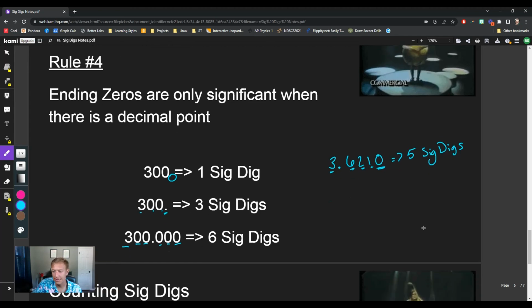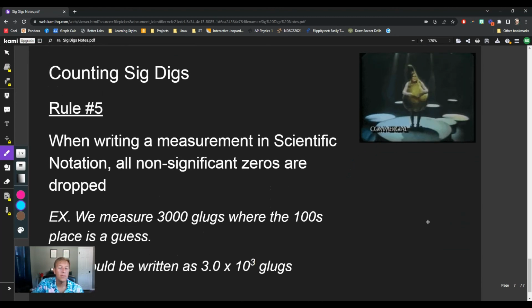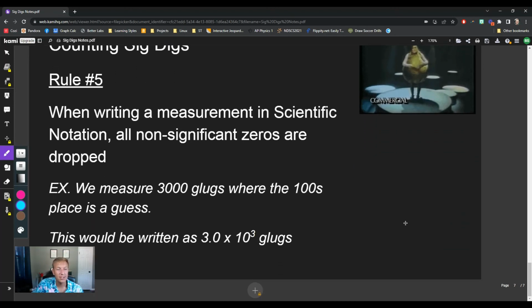Let's take a look at the very, very last one here. Rule 5. When writing a measurement in scientific notation, all non-significant zeros are dropped. This one is a little tricky sometimes. Scientific notation is this kind of a notation right here.